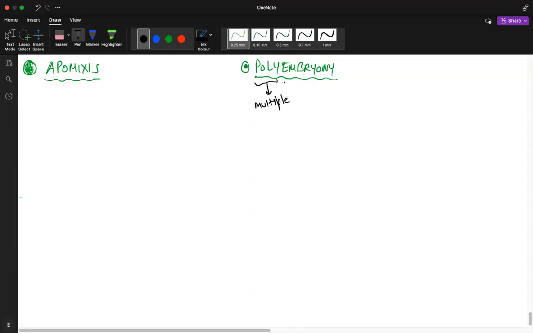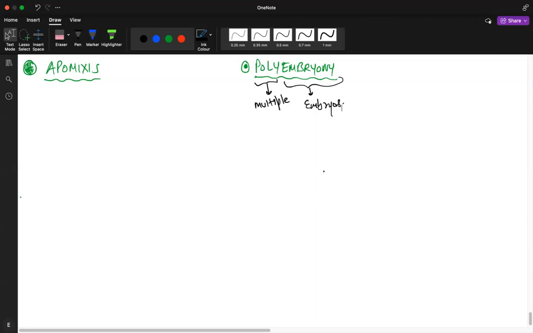And embryony means there will be multiple embryos. Now, under what condition can you see multiple embryos? Any way under which you can see multiple embryos? Okay, we'll come back to it. Let's first go to apomixis.